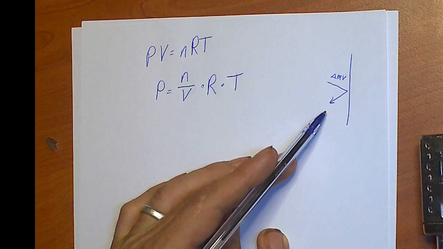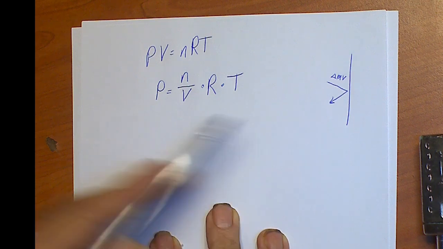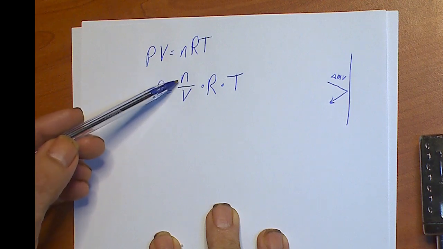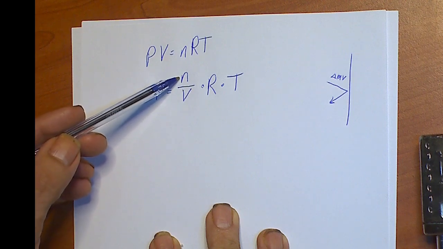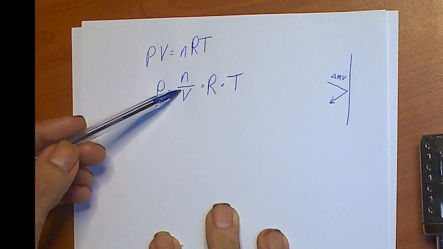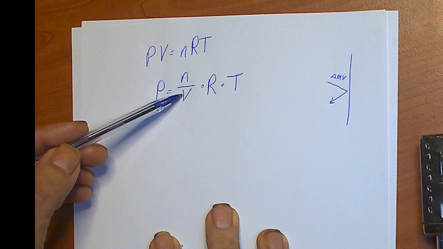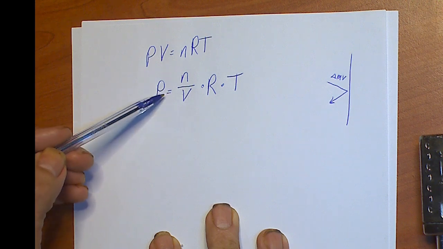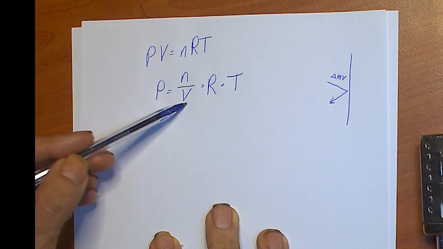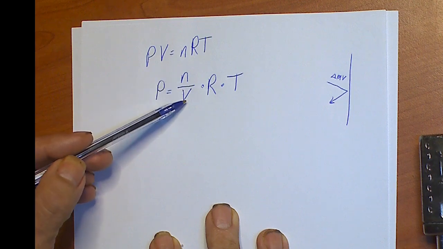How do I know how many collisions I have? That is related to how many atoms or molecules I have in the volume allotted. If I put more stuff in a smaller space, that makes higher pressure. So that part of the equation makes sense.